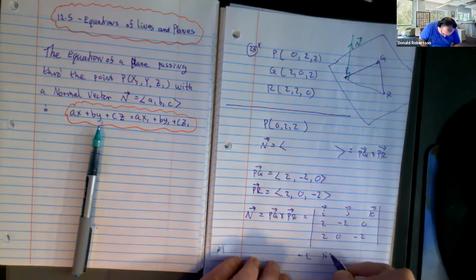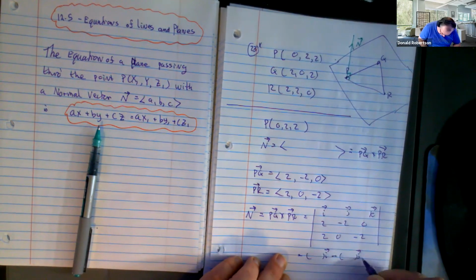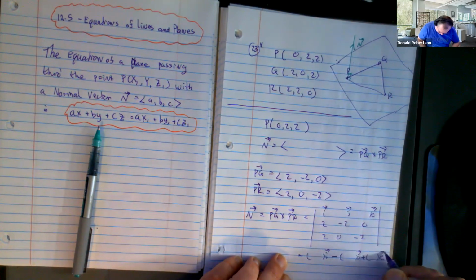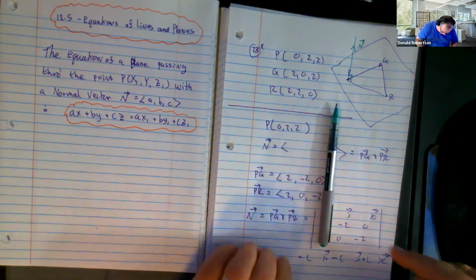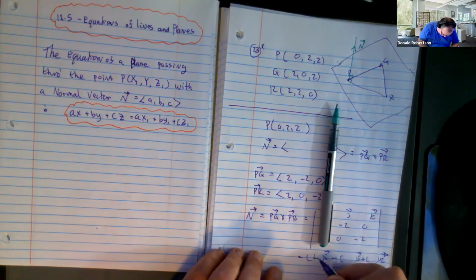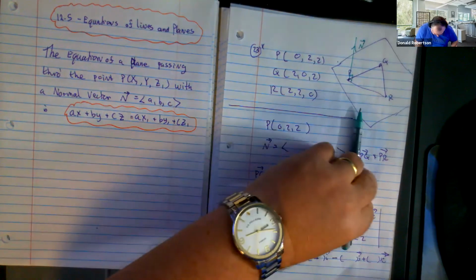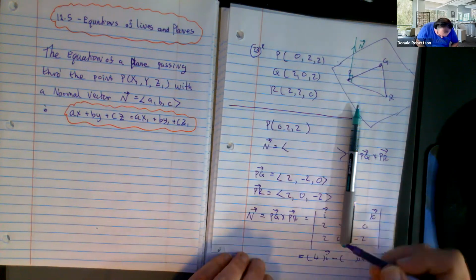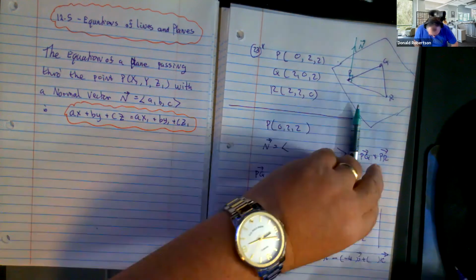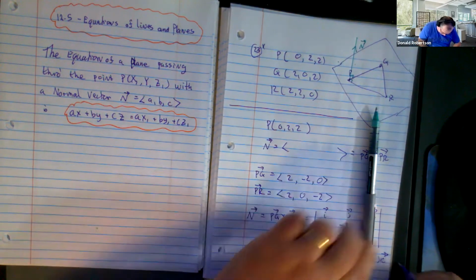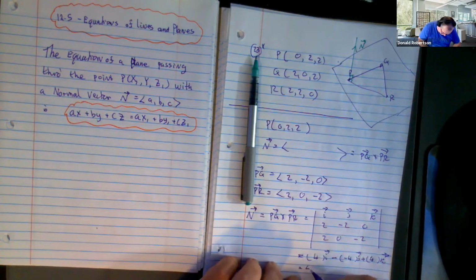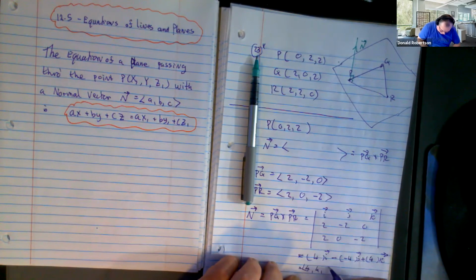So many i's, take away so many j's, plus so many k's. Okay, cover that guy up. 4 take away nothing gets you 4. Middle guy, -4 take away nothing gets you -4. End guy, nothing take away -4 gets you 4. And we end up with (4, 4, 4).